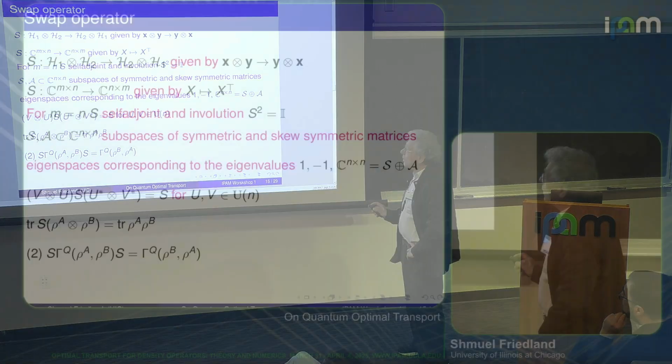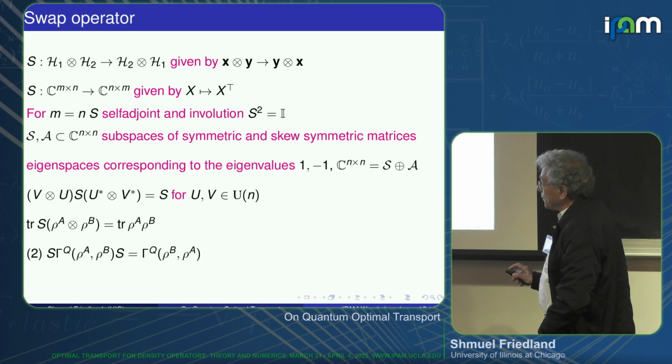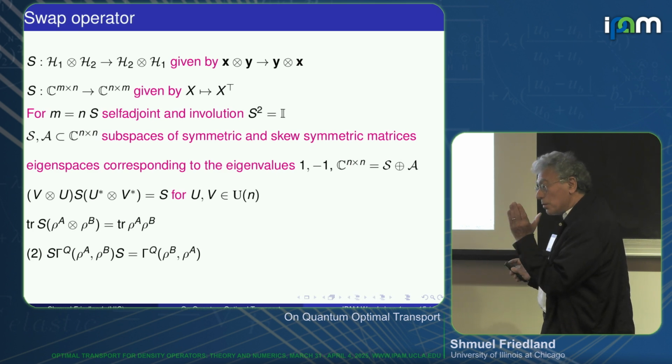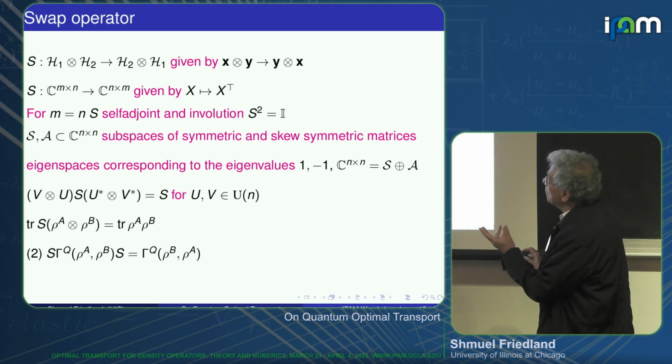So this means that if you think about the bipartite states, those are matrices, and X tensor Y is just X times Y transposed. No bar, Y transposed, and then you just swap the two factors.